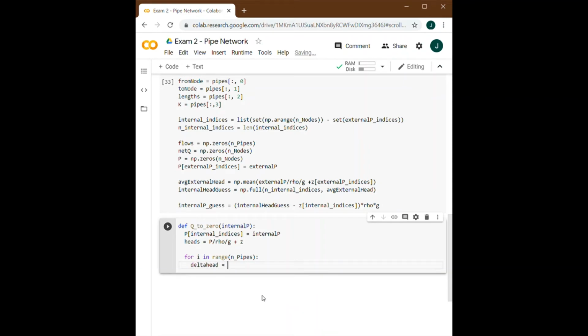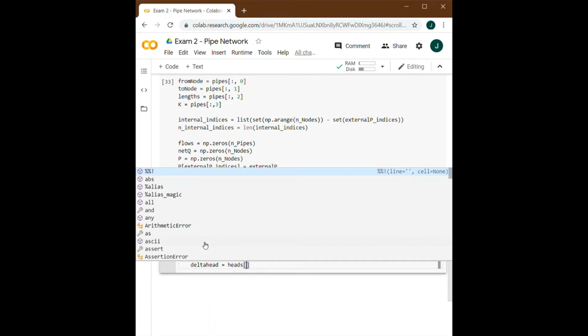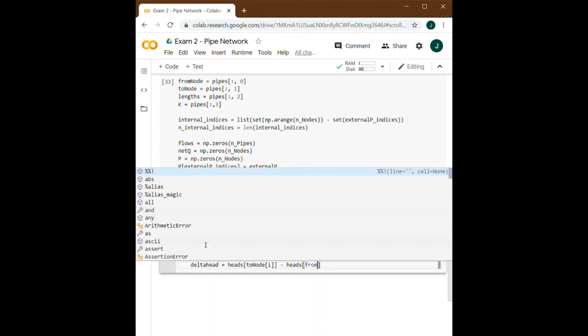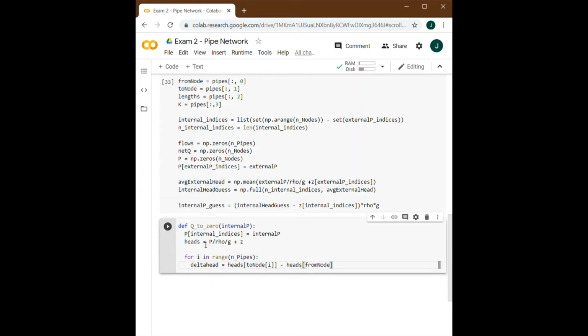So delta head is going to be equal to the heads, so this function up here, of our 2 node minus our heads from node of I. So briefly, this is to calculate our delta head. It's just head from our 2 node minus head from our from node.